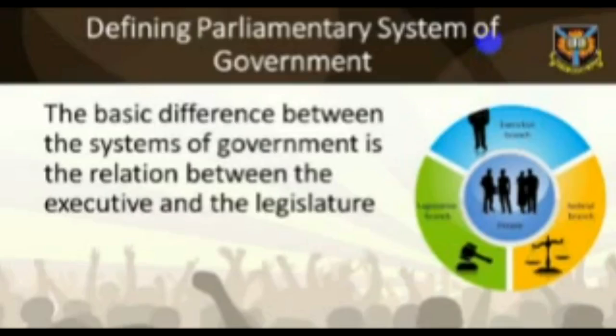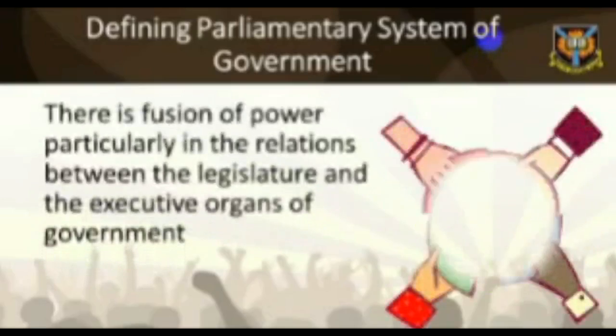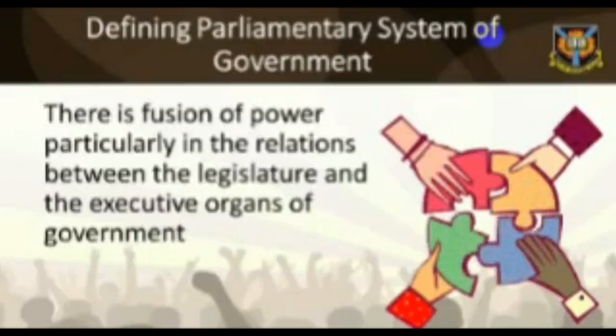The task of distinguishing the systems is not a difficult one. While in parliamentary system, there is fusion of power, particularly in the relations between the legislature and the executive organs of government, in presidential system, there is separation of power between the branches of government.